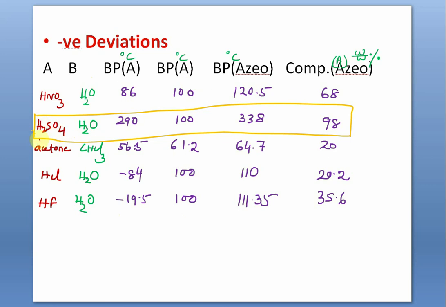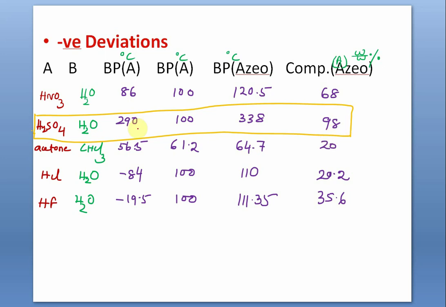Therefore, I have demarcated it with a distinction mark, where sulfuric acid is deliberately kept on the left so that the percentage will be of sulfuric acid, 98%, 2% water. Now see the remarkable increase. 338 degrees Celsius is the boiling point of 98% sulfuric acid by weight.